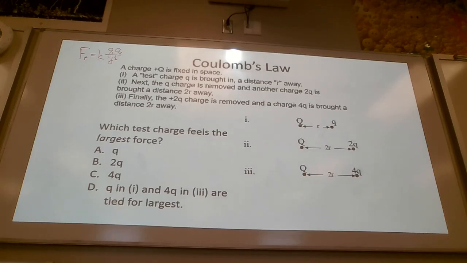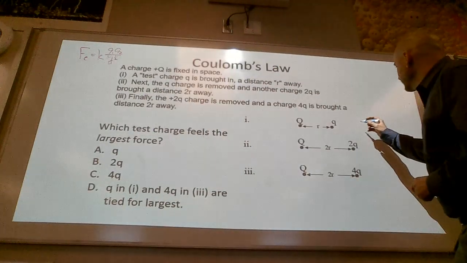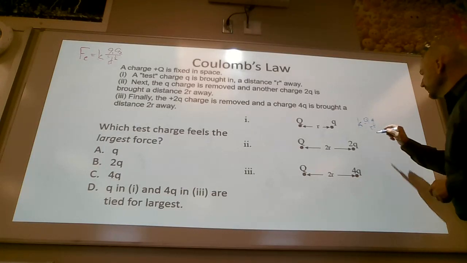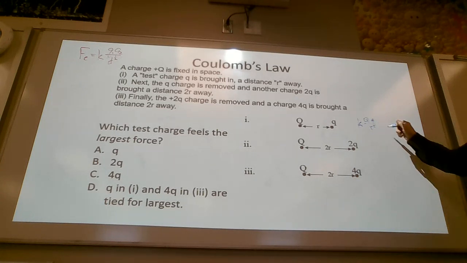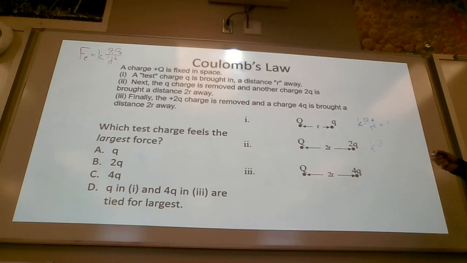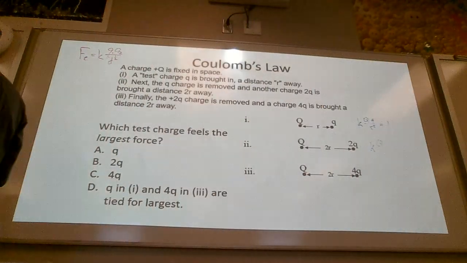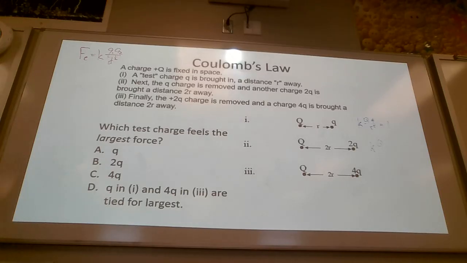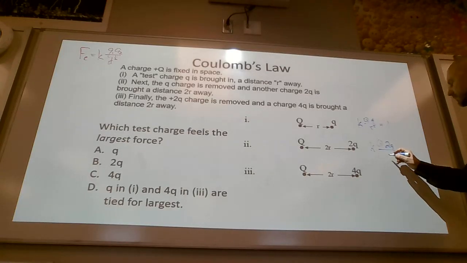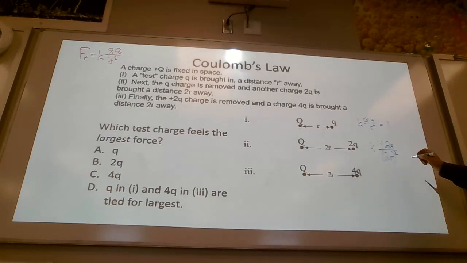Correct answer is? All right. So this one's K, capital Q, lowercase q over R squared. Okay. We're just going to say that has a coefficient of 1. K, capital Q, two Q over 2R squared.